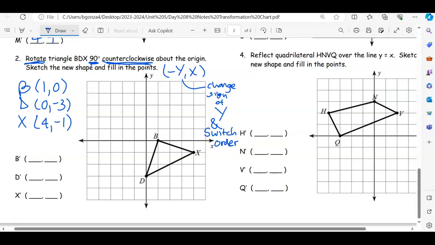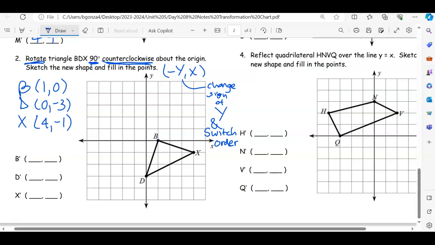You change the sign of the Y, then you switch the order to get the new point. Right? So we wrote down B, D, X, we wrote down our rule, now we're going to use that rule to find the new point. Right? So let's do it.